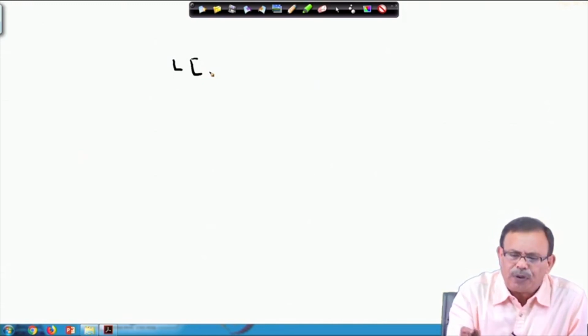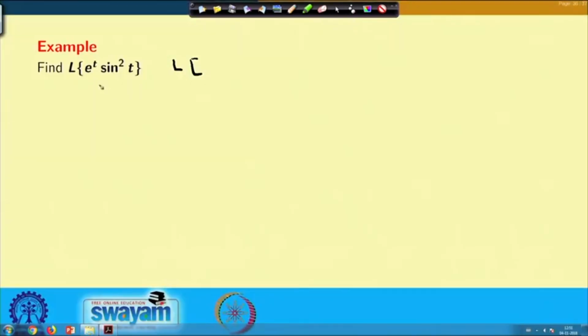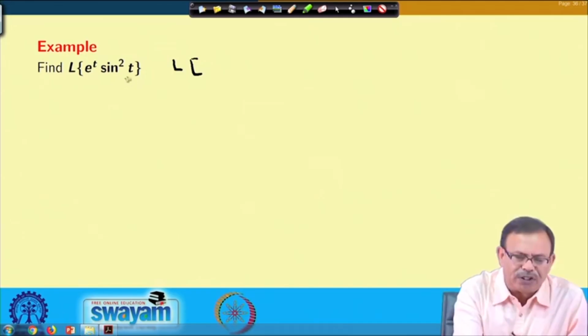Therefore, for this problem, Laplace transform of e power t sin square t, first I will try to find out the Laplace transform of sin square t. Please note this. Then only I will try to apply this.